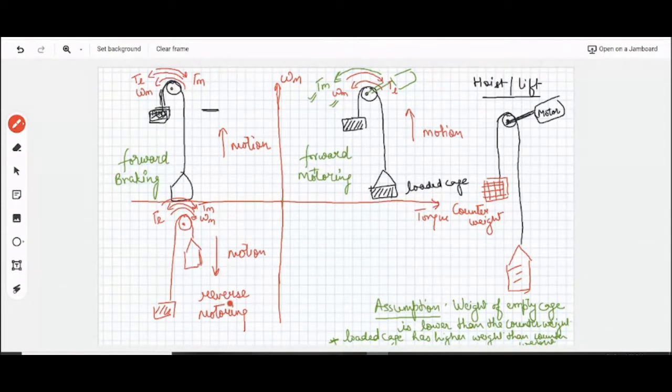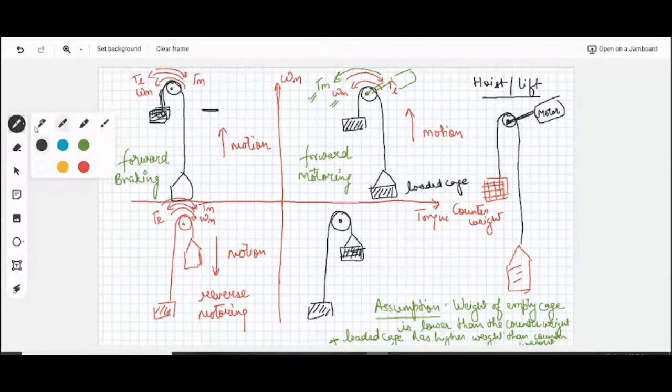Right. Now the last one. When will be your drive, when will be your lift in fourth quadrant? Case could be, suppose your lift again is at higher level, but some students want to come, they have entered the lift and it becomes fully loaded, right?